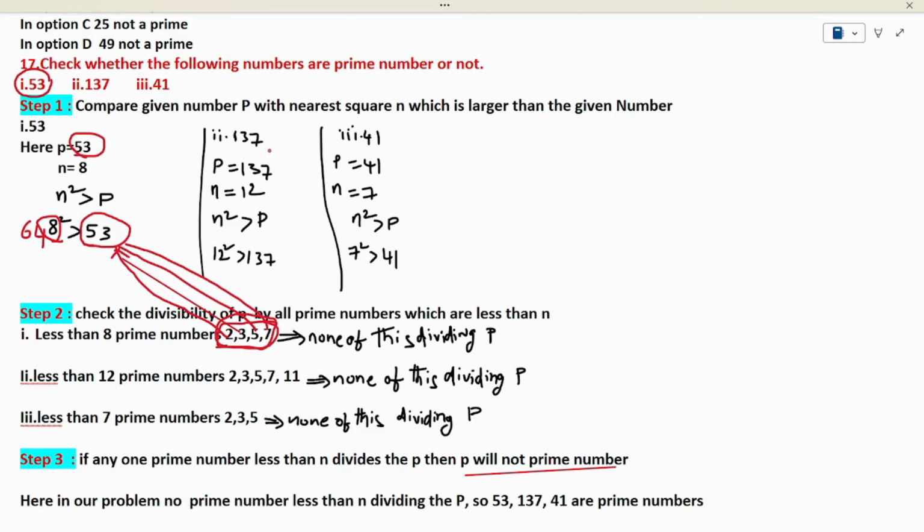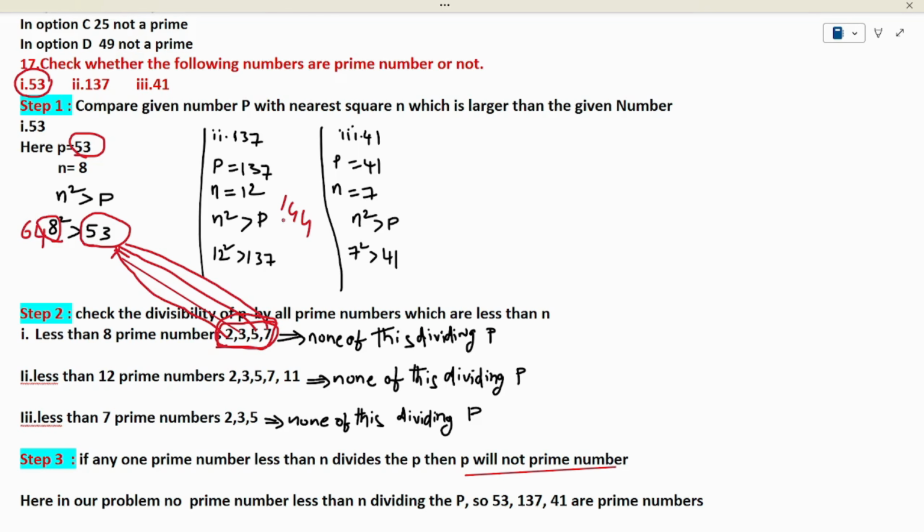In question number 2, the number given is 137, that is P equal to 137, and n equal to 12. Why is n only 12? Because 12 square is 144, which is the number nearest to 137 as well as more than 137 and a perfect square.